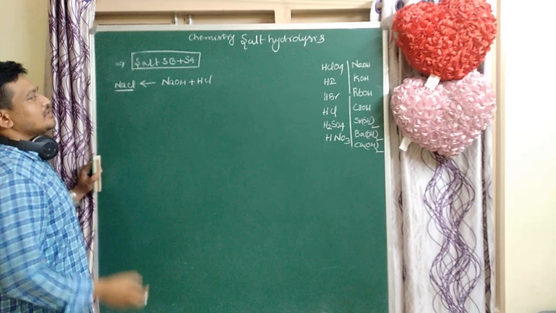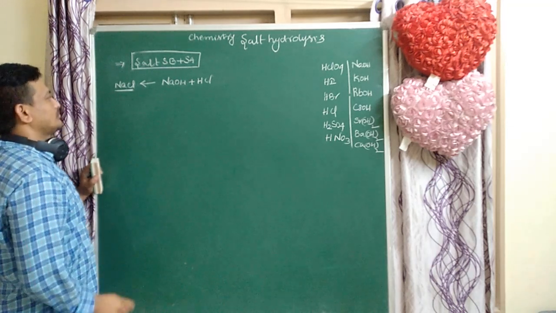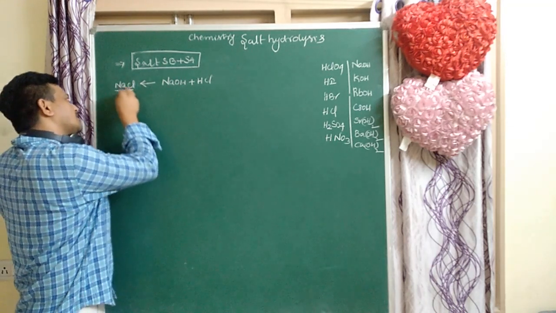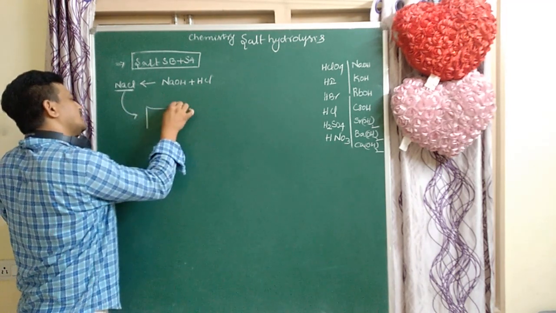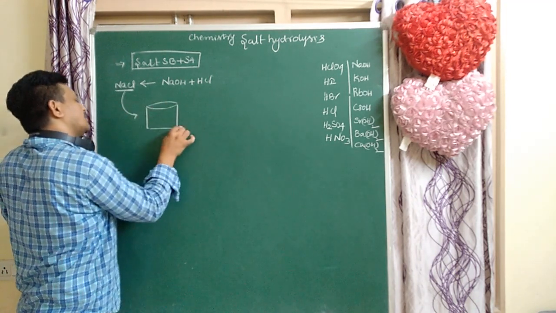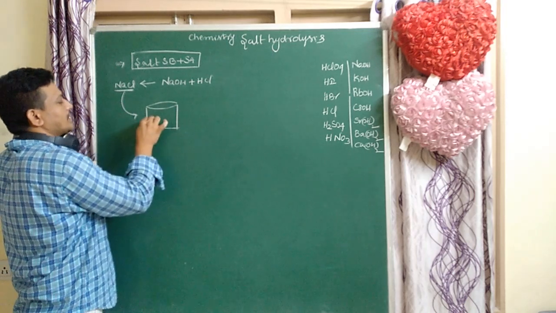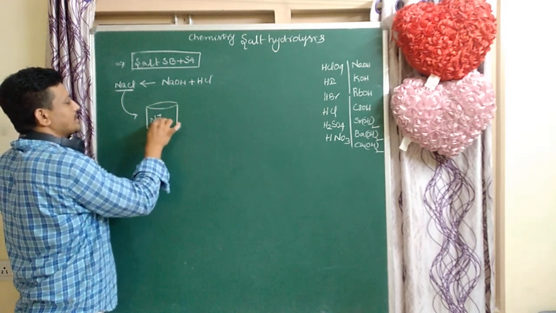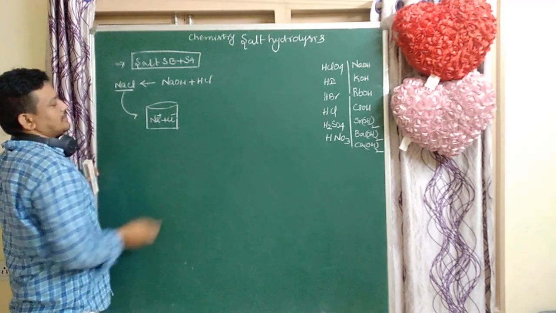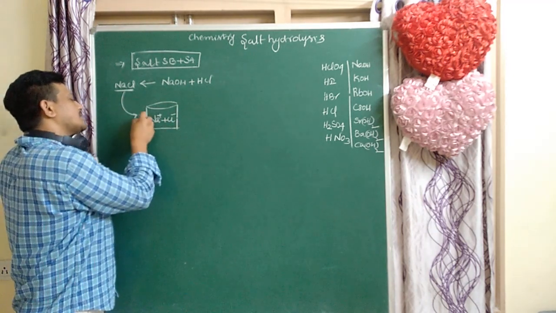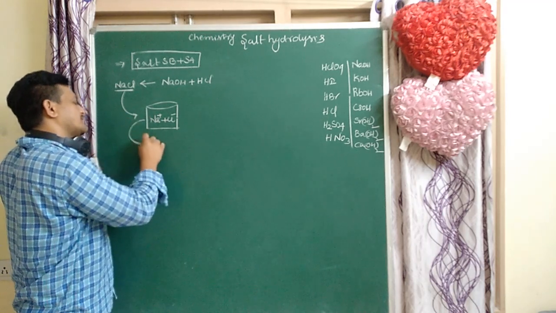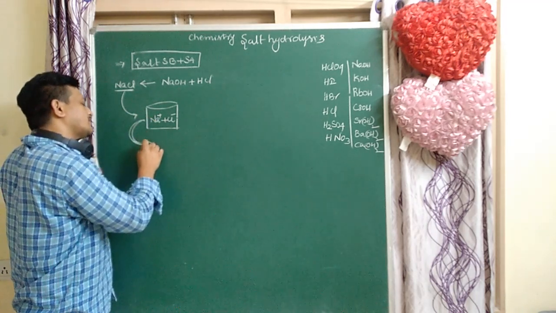This salt dissolves in water and converts to Na plus and Cl minus. These ions are very weak ions. Why?